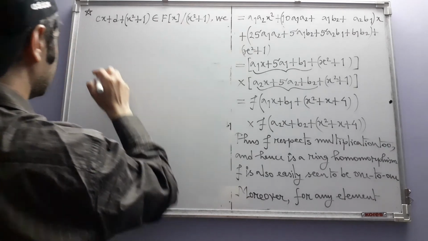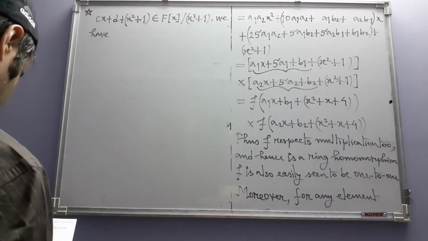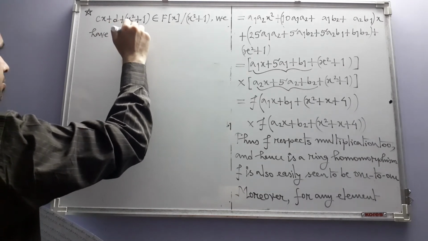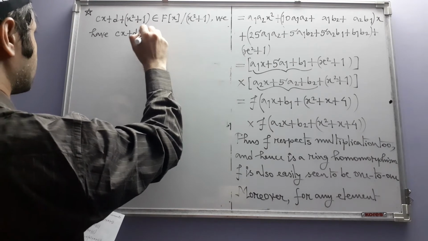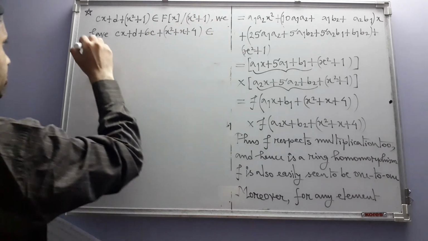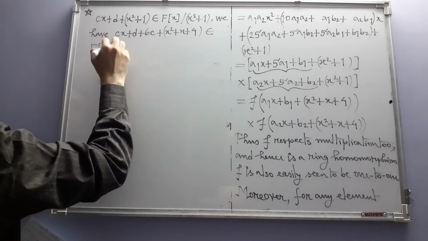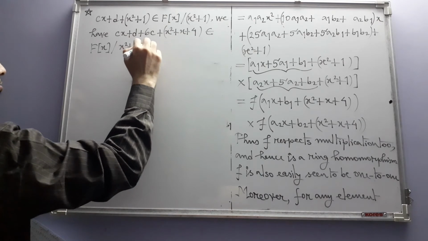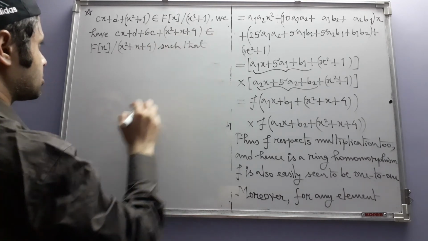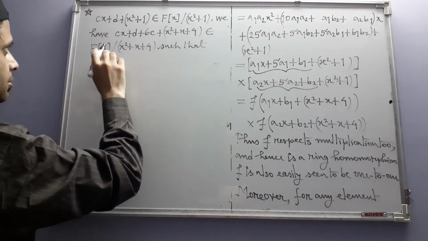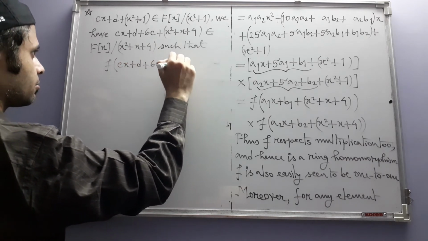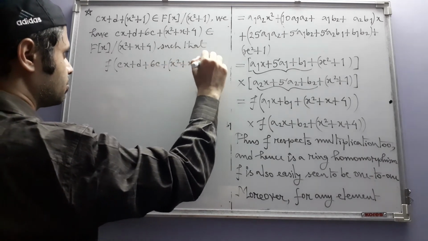We have, for this element, the proposed input is this, cx plus d plus 6c plus x square plus x plus 4 belonging to fx divided by x square plus x plus 4, such that if we calculate the f image of this element, cx plus d plus 6c plus x square plus x plus 4, what do we get?